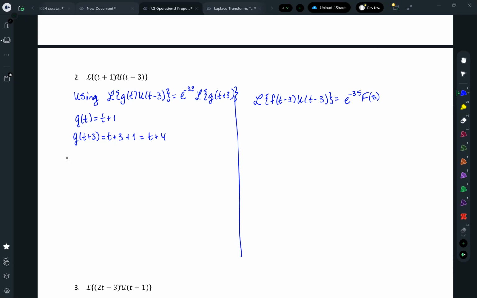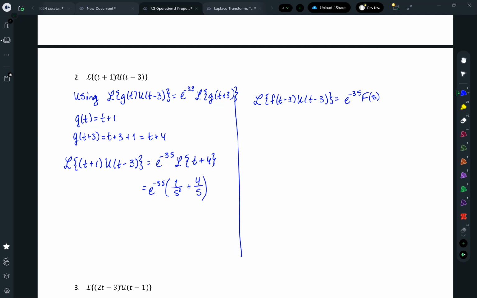Okay, so that means that the Laplace of t plus 1, u of t minus 3, is equal to e to the minus 3s times the Laplace of t plus 4. Where we know how to take the Laplace of t plus 4, it's going to give us, we still have the e to the minus 3s, but then the Laplace of t is going to give us 1 over s squared, and the Laplace of 4 will give us 4 over s. And then we're done.